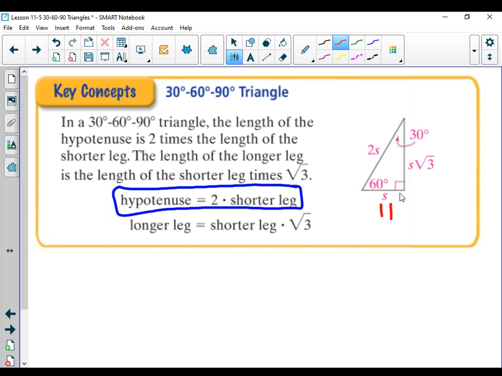I can find the hypotenuse: 2 times 11. I can find the hypotenuse so fast. Short leg times 2 is the hypotenuse. Long leg, I do have to type in 11 times the square root of 3.